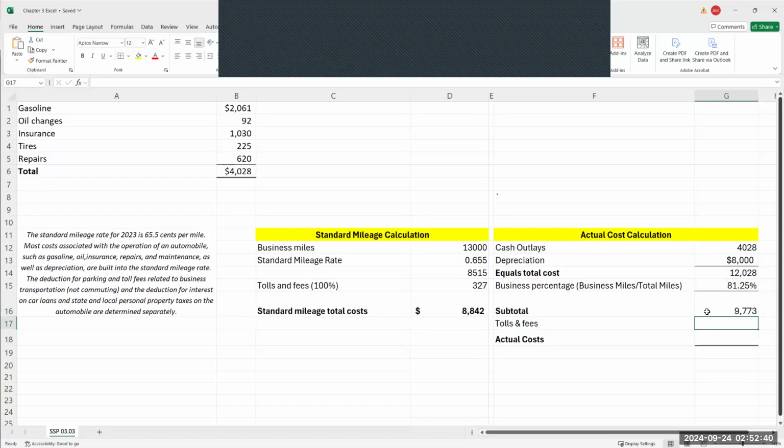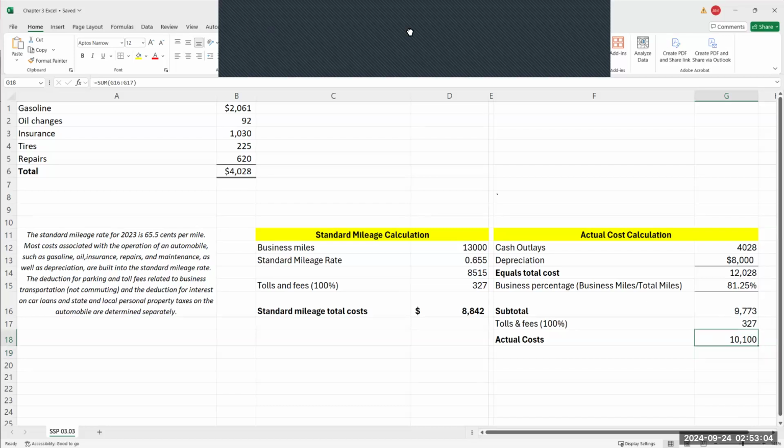That gives us a subtotal of $9,773. And much like for the standard mileage calculation, tolls and fees, 100% is considered deductible. So we add that $327, our subtotal plus 100% of tolls and fees.